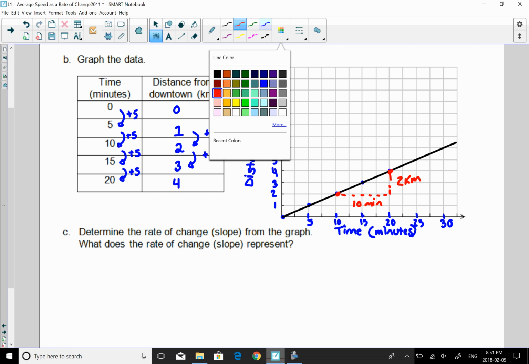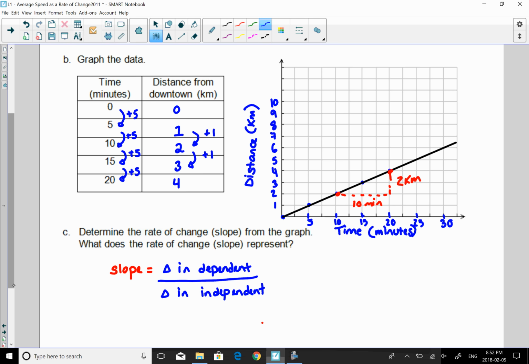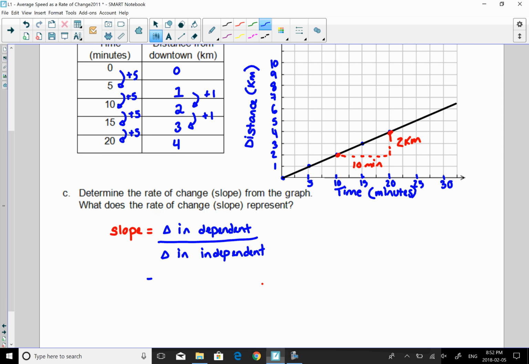So remember, our slope or our rate of change is equal to the change in the dependent over the change in the independent. So we got 2 kilometers. That's our dependent.